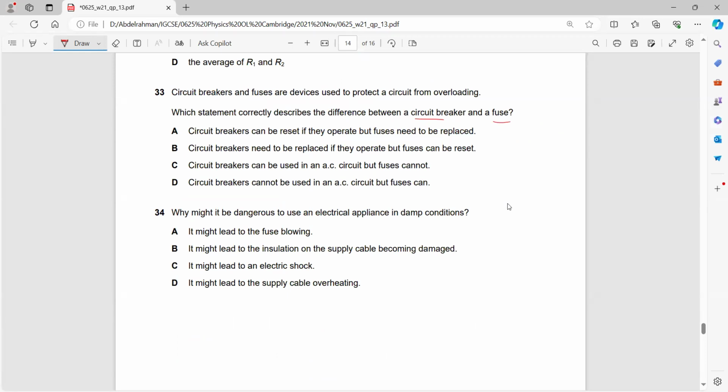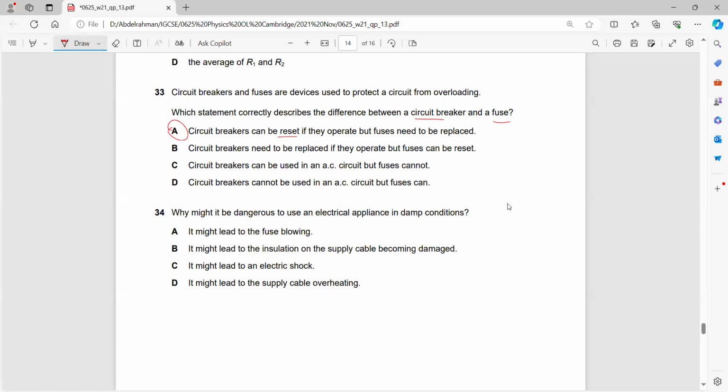A fuse melts, so you need to buy a new fuse and replace it. But a circuit breaker you don't need to replace; you can just switch it back on. Circuit breakers can be reset if they operate, but fuses need to be replaced. It's A.